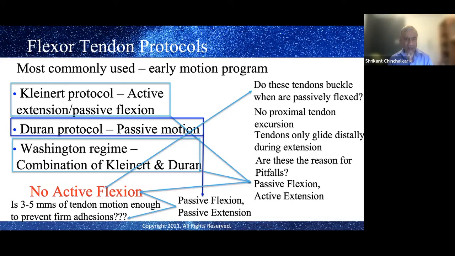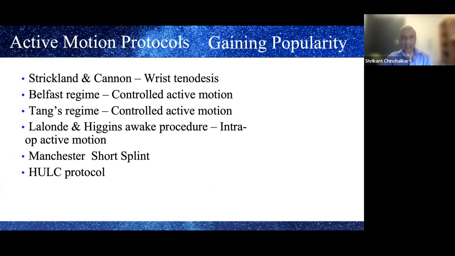flexion, passive extension, or relying only on passive flexion and active extension, is that amount of tendon gliding really enough for the tendons to not have adhesion formation and yet produce a greater amount of motion at the PIP as well as DIP joints? We haven't seen much of that.